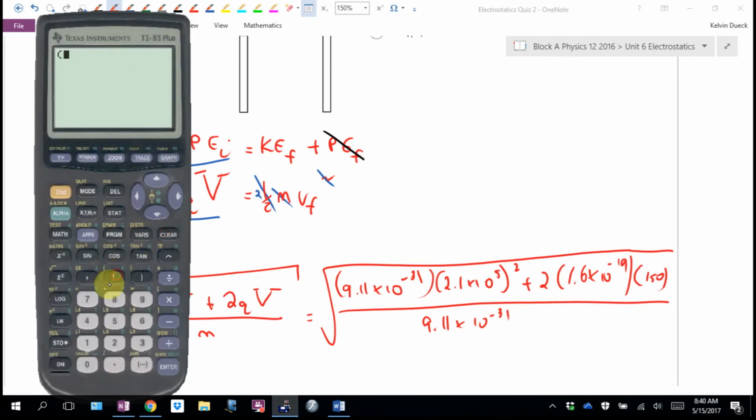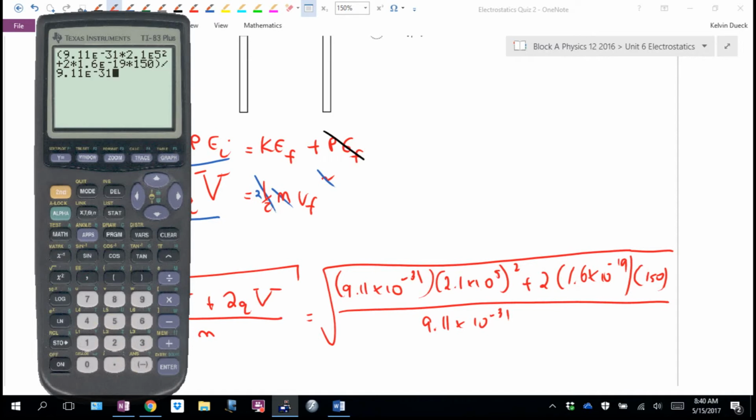Guess I got to put the top in brackets: 9.11 times 10 to the negative 31 times 2.1 times 10 to the 5th squared plus 2 times 1.6 times 10 to the negative 19 times 150, close bracket, divided by 9.11 times 10 to the negative 31.